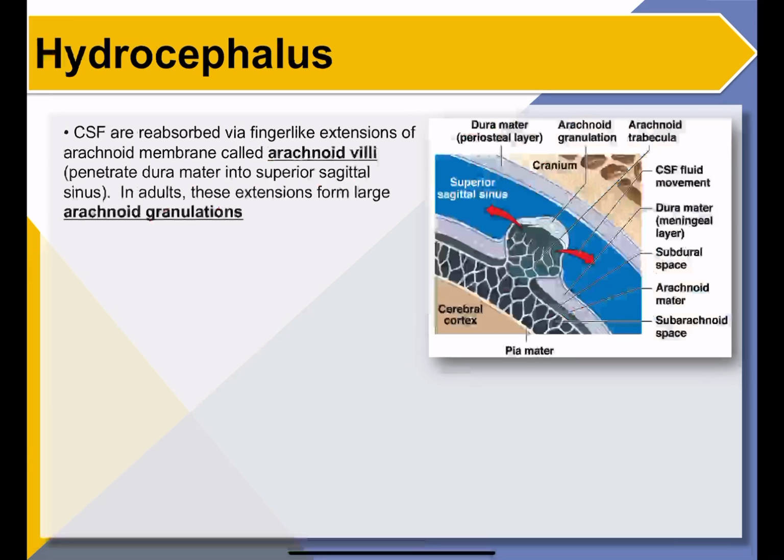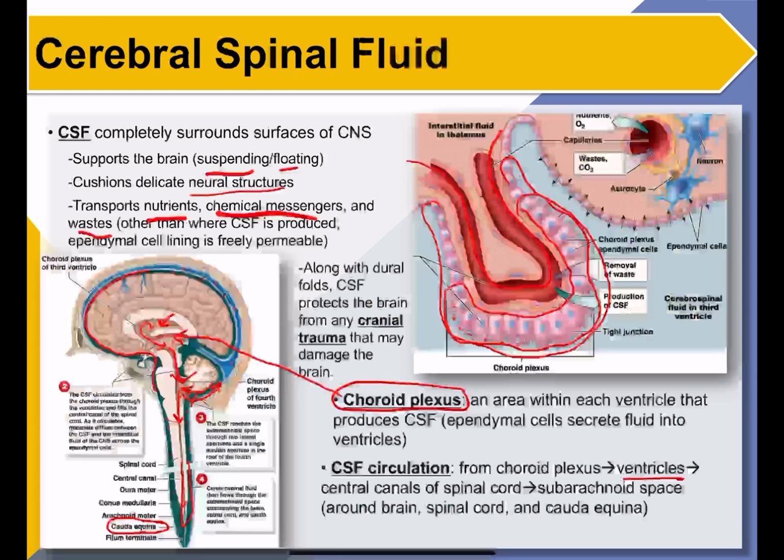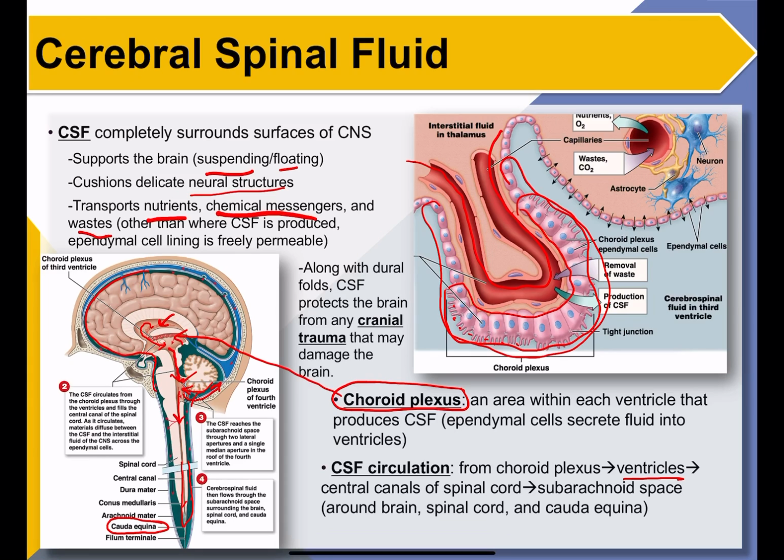So, as the cerebrospinal fluid circulates around the entire area, it allows materials to diffuse to and from the interstitial fluid of the nervous tissue, to either remove waste material to the circulatory system via capillaries or transport important nutrients for neural cells.